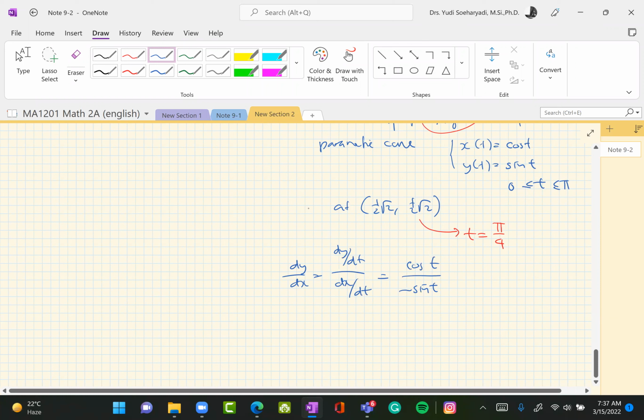Okay, and you compute at t equals pi over 4. So you plug in pi over 4. There you go. And this is negative.